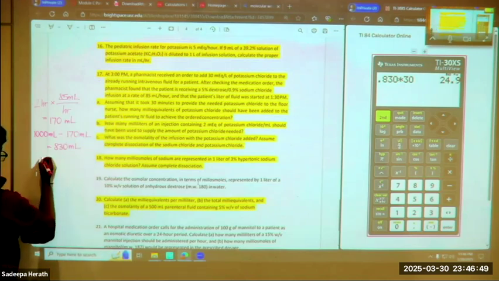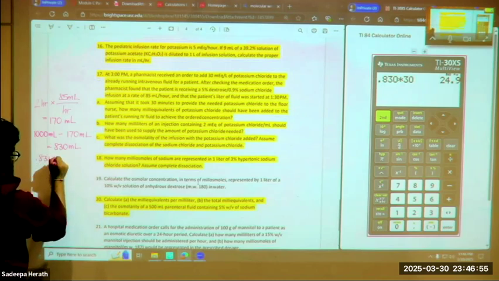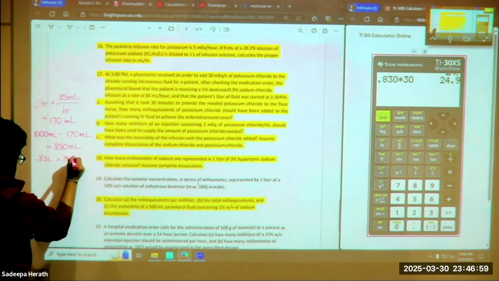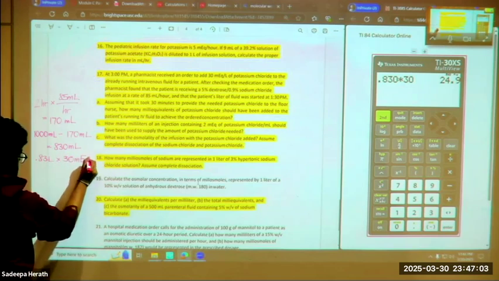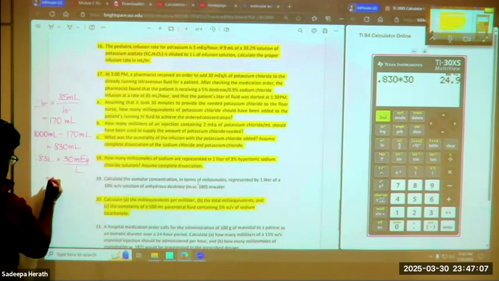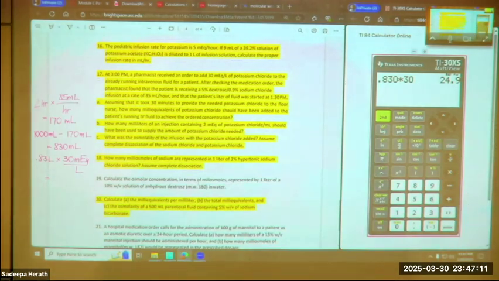So 830 divided by 1,000 is 0.83 liters times 30 MEQ per liter. That equals, let's do the math, 0.83 times 30, 24.9.